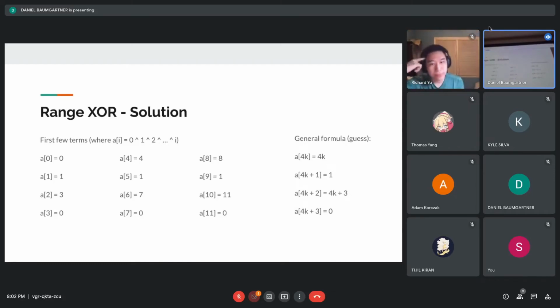If we end at a 0 and the next one is 4K, and we XOR it with a number that's divisible by 4, you can see with the indices, it would line up that way. We would then get another multiple of 4.